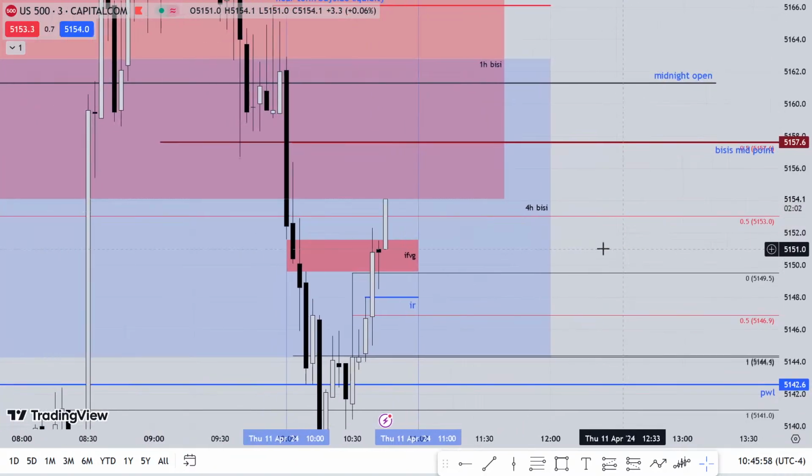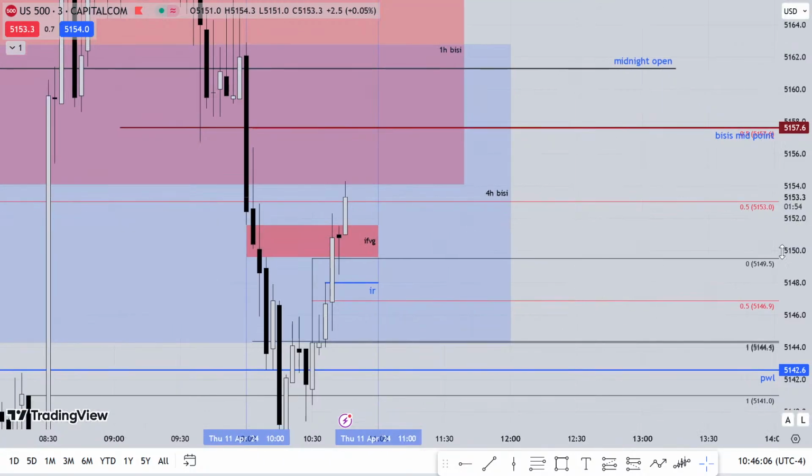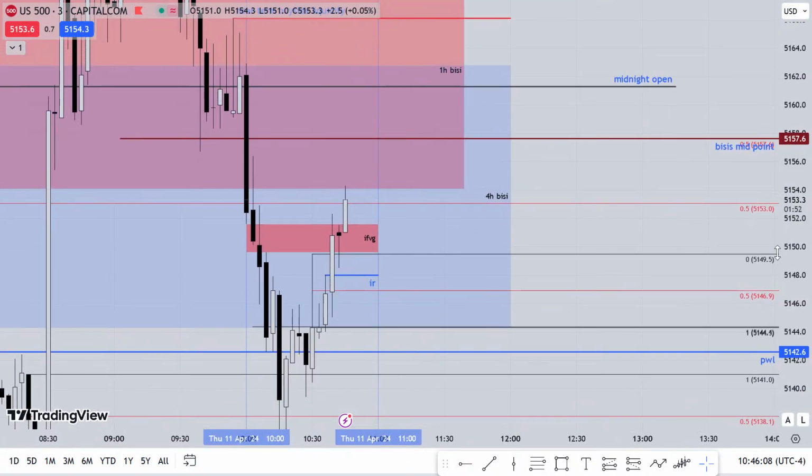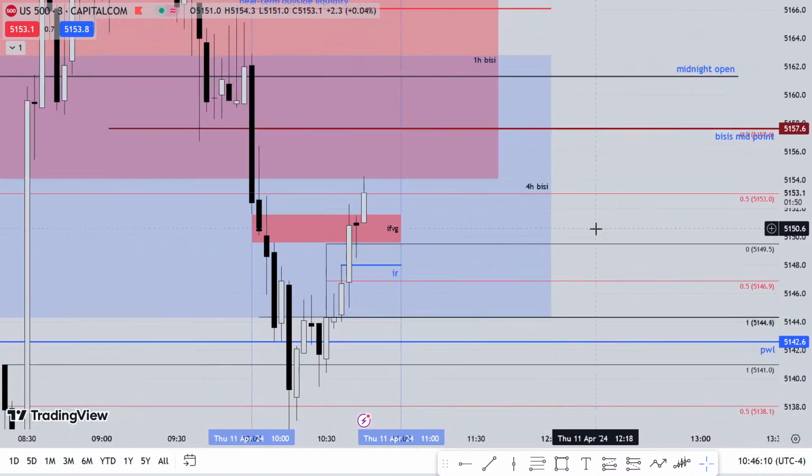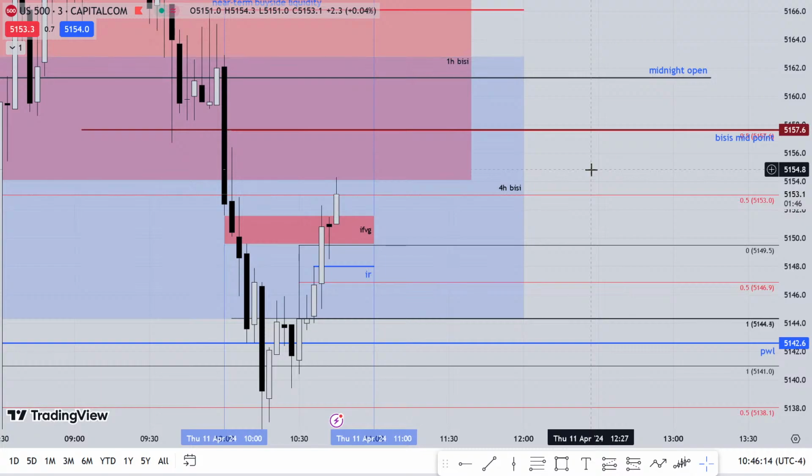So as you can see here in the 3 minute time frame, the fair value gap is not as clear as it is on the 1 hour and the 5 minute time frame. So this is why you have to mark out your PDRAs manually.